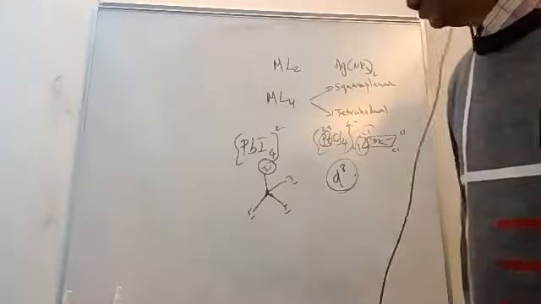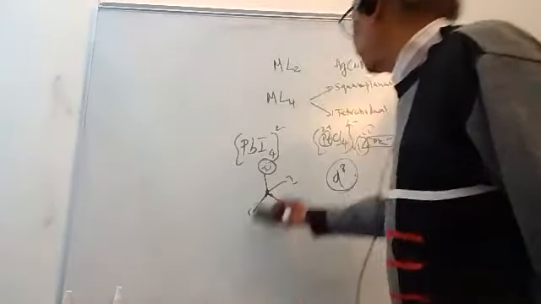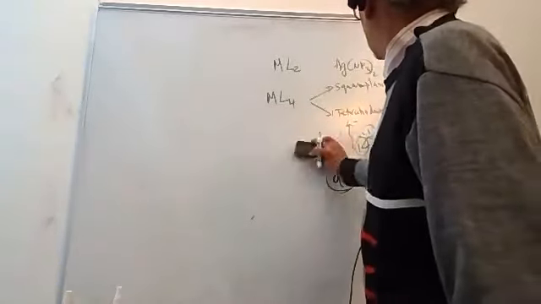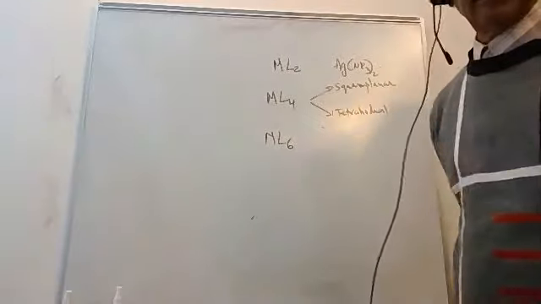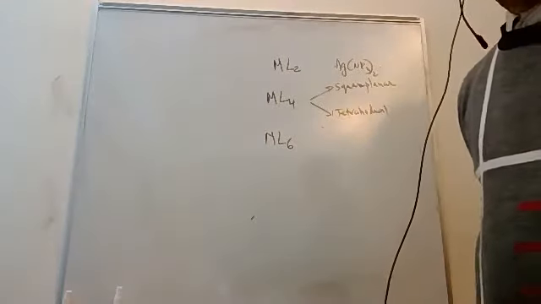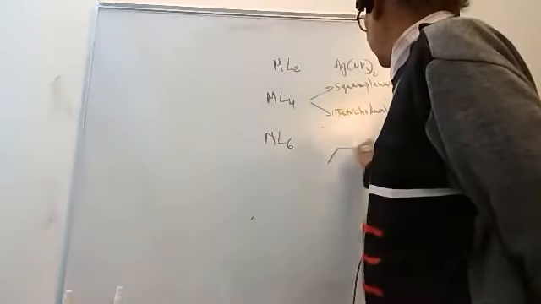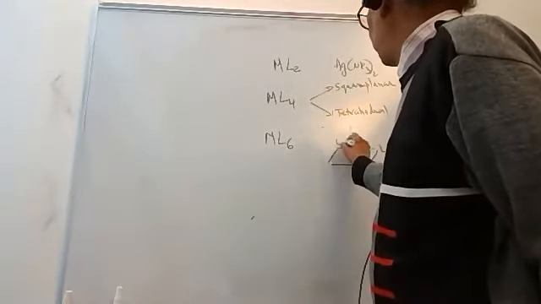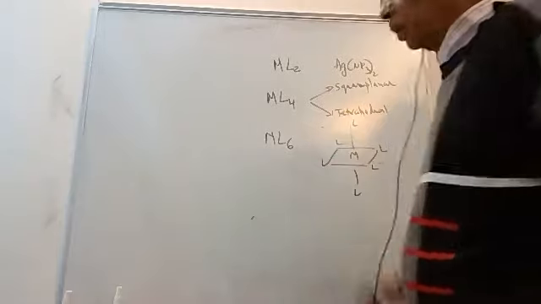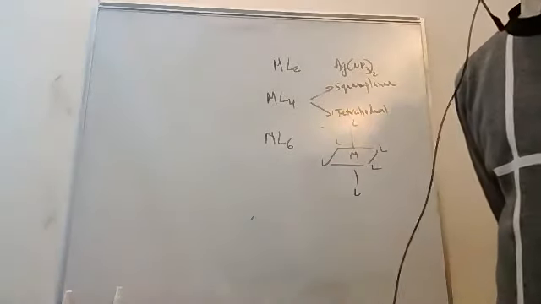Okay. So similarly, the other important class of complexes are octahedral, where you have a metal surrounded by 6 ligands. So you have the octahedral geometry, the metal, and the ligands occupy the 6 apex positions of the octahedron.